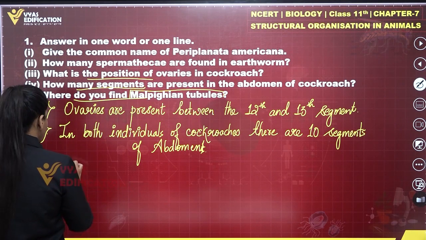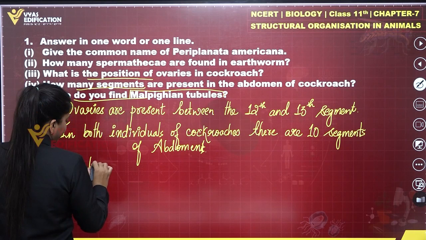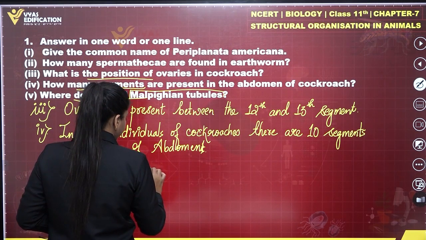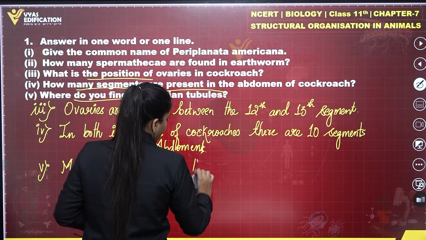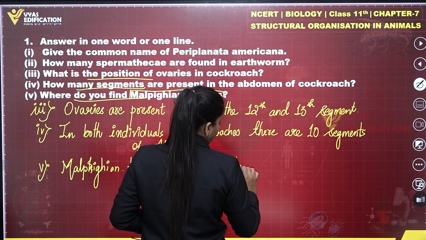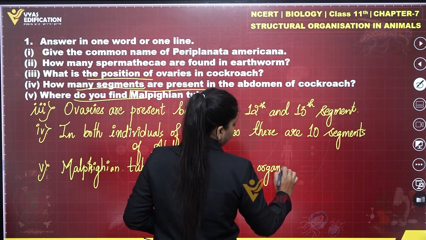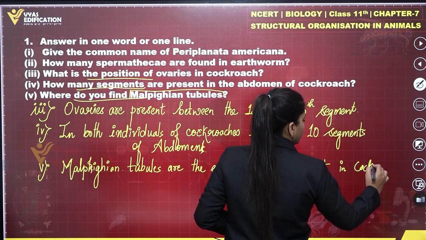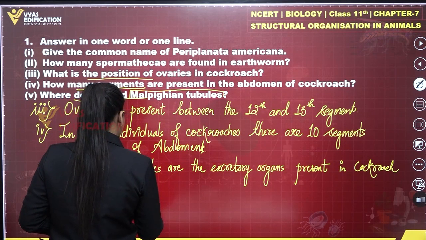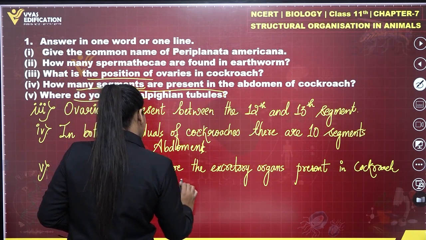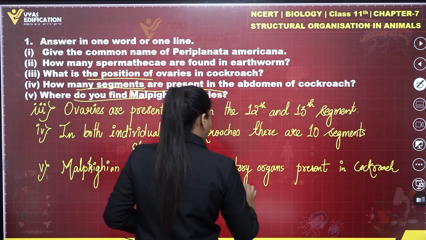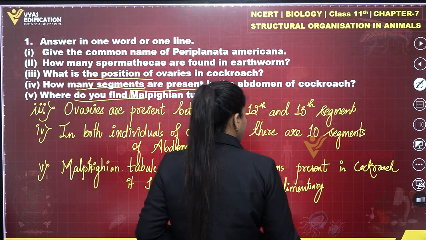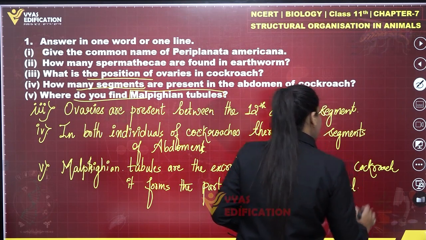So first we are going to write like this: Malpighian tubules are the excretory organs present in cockroach, which form a part of the alimentary canal.